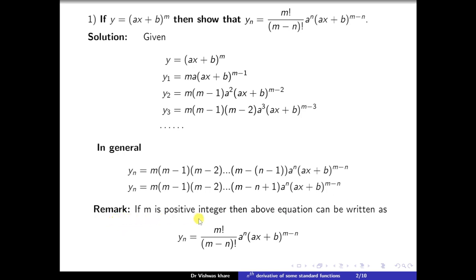Remark: if m is a positive integer, then the above equation can be written as yn is equal to factorial m divided by (m minus n) factorial, a to the power n, (ax plus b) to the power m minus n.